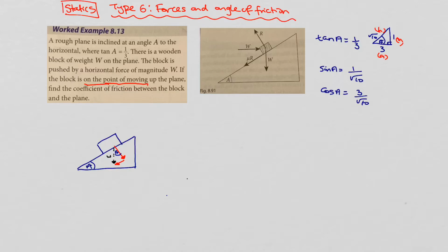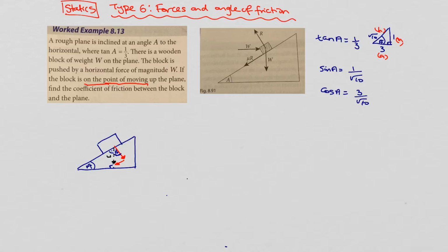If we look at the diagram, we have weight acting down. When I resolve it parallel and perpendicular to the plane, we can see this is a right angle triangle. So 90 plus A plus this angle must give us 180, therefore these two angles must equal 90, and this one must be A, which makes this the opposite.